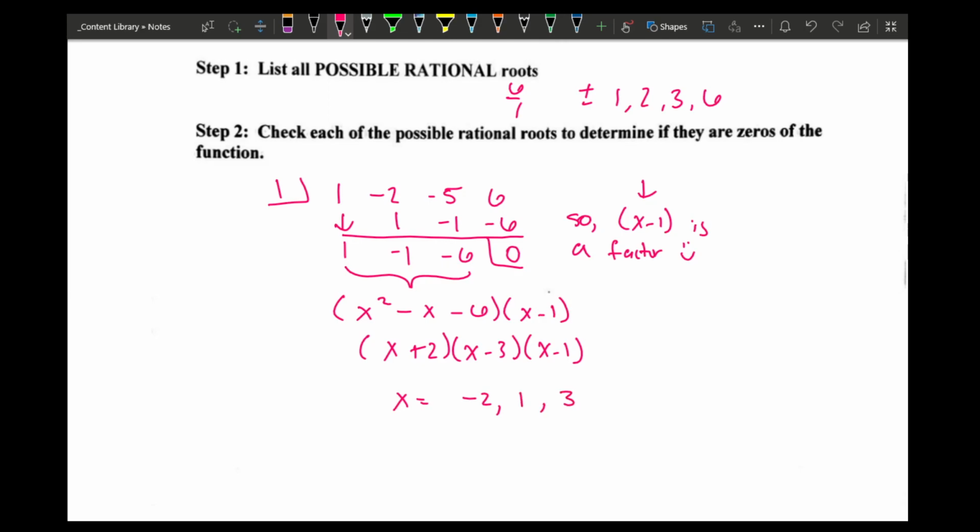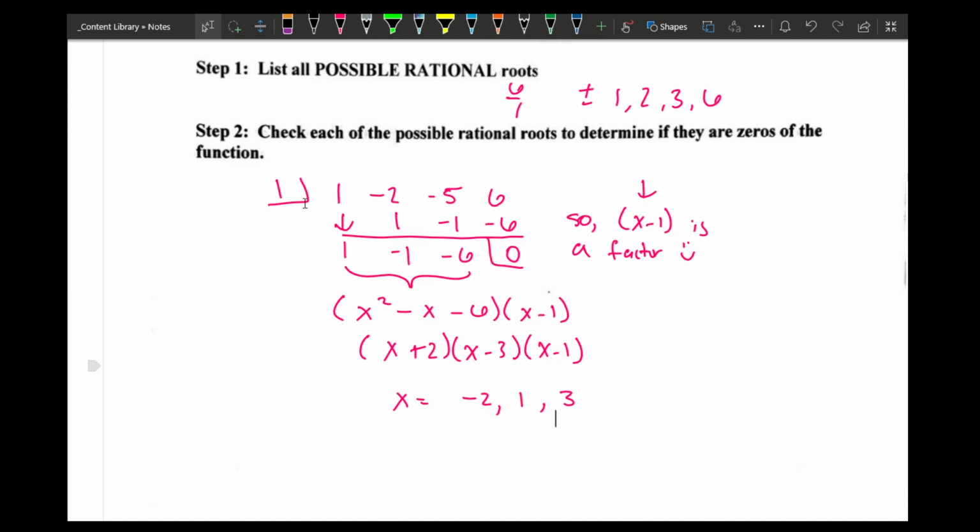So now I found the zeros of this relatively long polynomial equation without too much hassle. Does it always work on the first number you pick? No, but generally it's going to work pretty quickly. So let's say that you say, Mr.